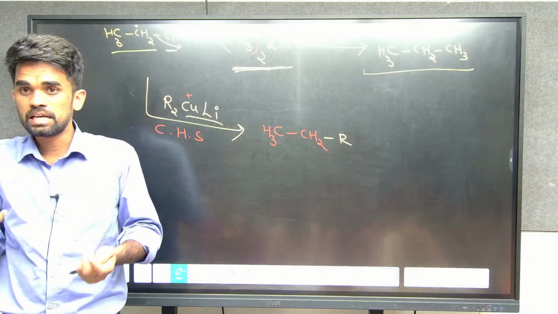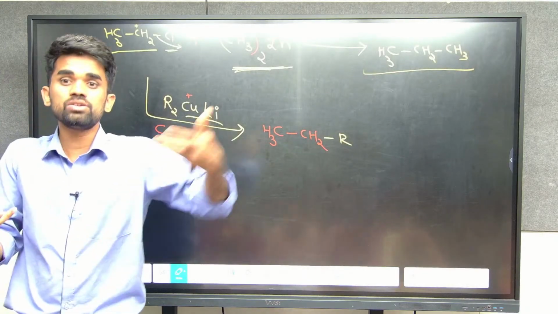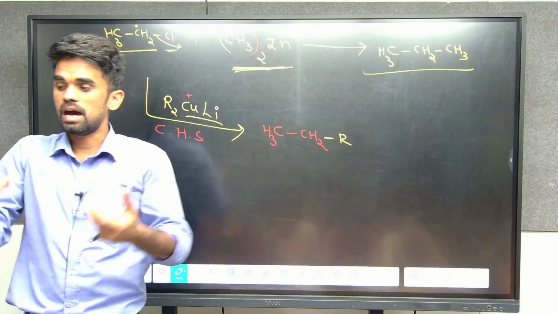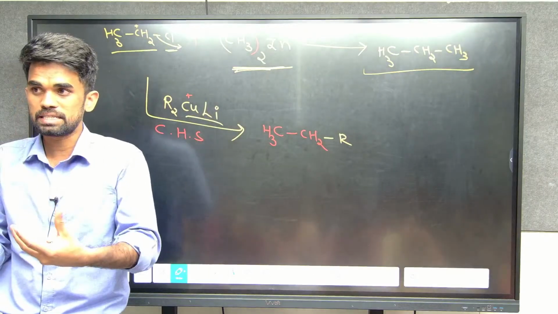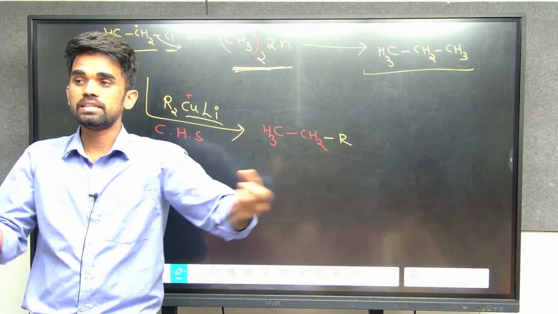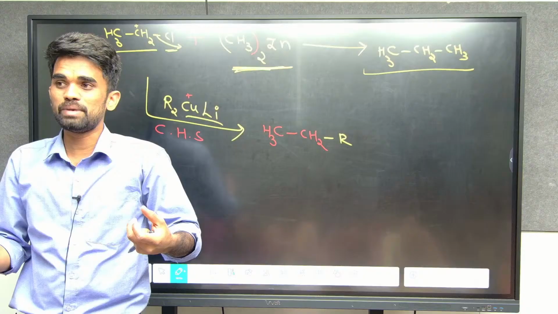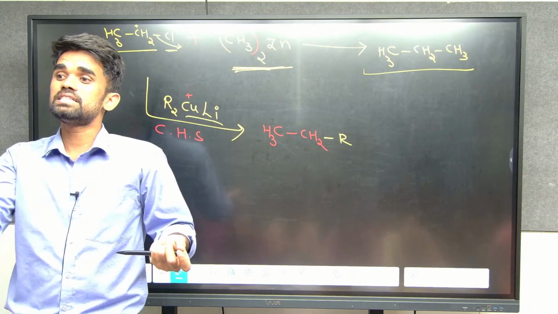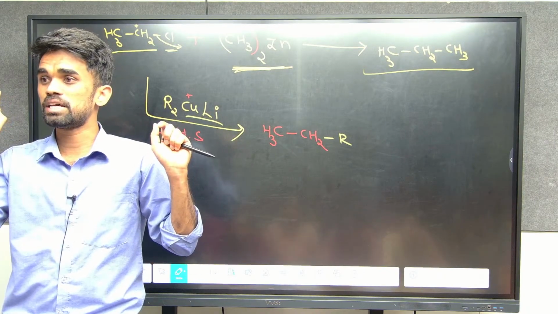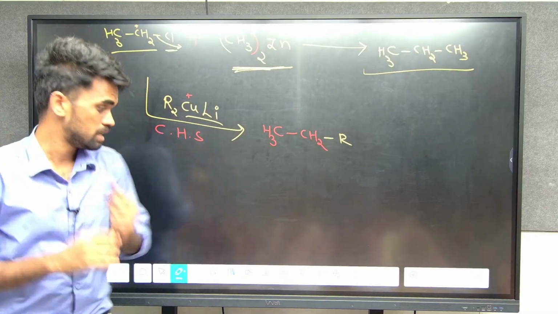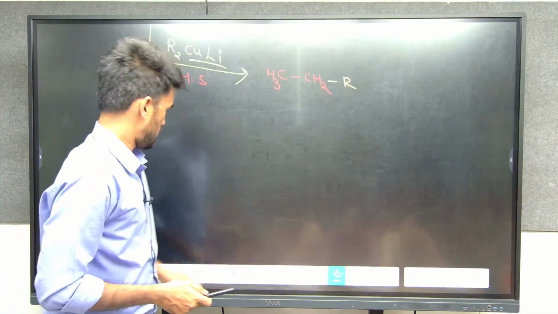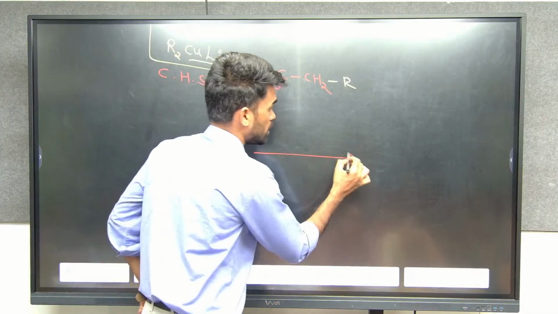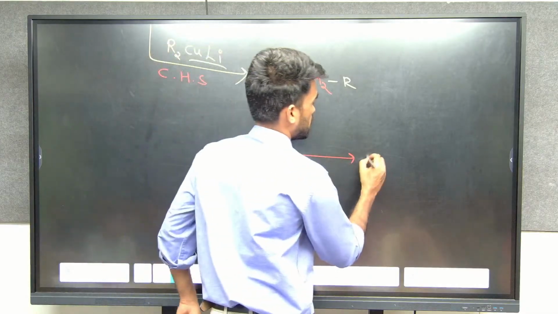So what is the use of Corey-House synthesis? Alkyl halides with Gilman's reagent give alkanes. Once again, alkyl halides with Gilman's reagent give alkane. This is one of the best methods for preparation of unsymmetrical alkanes. For example, you got an order to prepare pentane.